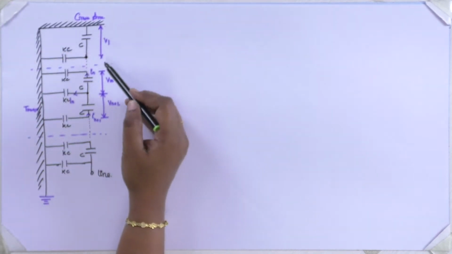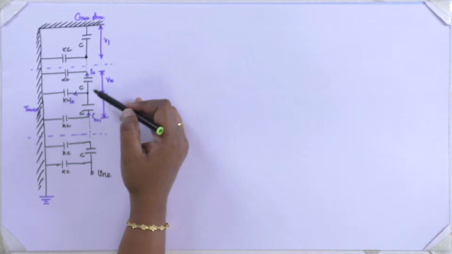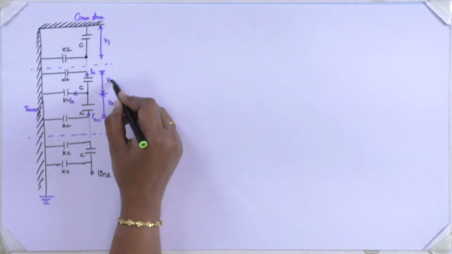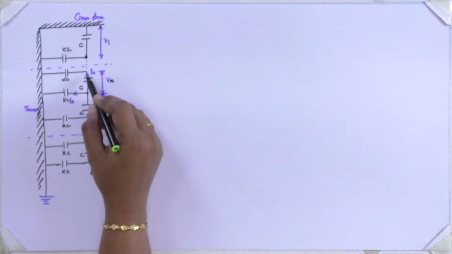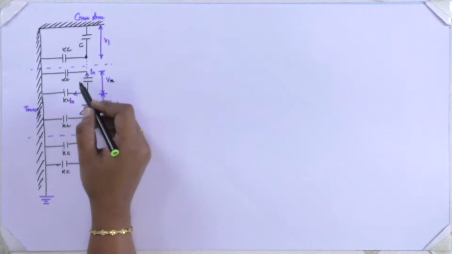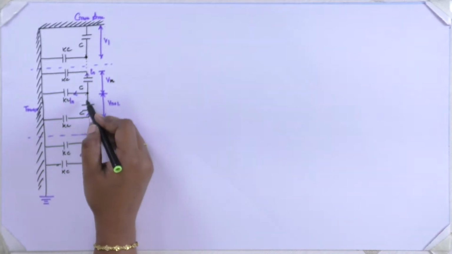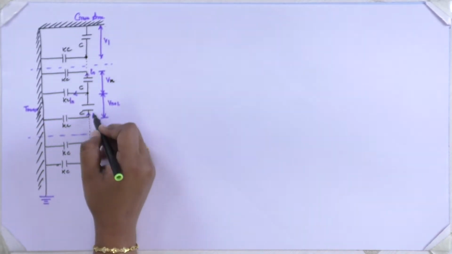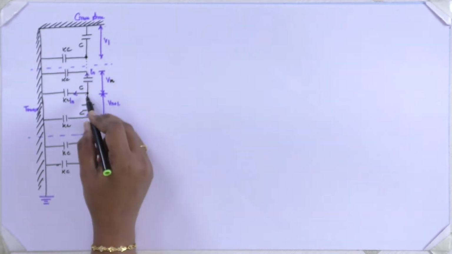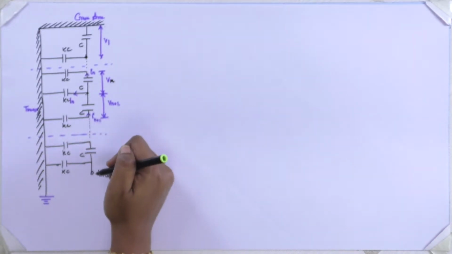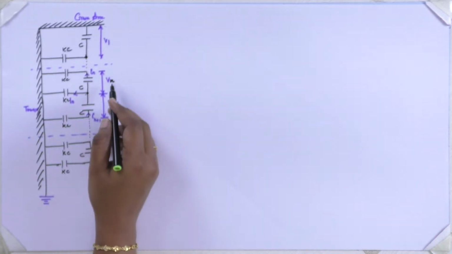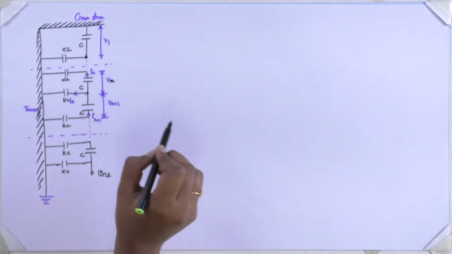Starting from the first insulator, this is my nth insulator, so the voltage across this will be Vn, with the capacitance C, and here the capacitance KC to the cross arm and the metal part of the point between the insulators, and this is my voltage Vn plus 1. Up to this it is n, this is n plus 1. For calculating, I have written it as V1, Vn, Vn plus 1.